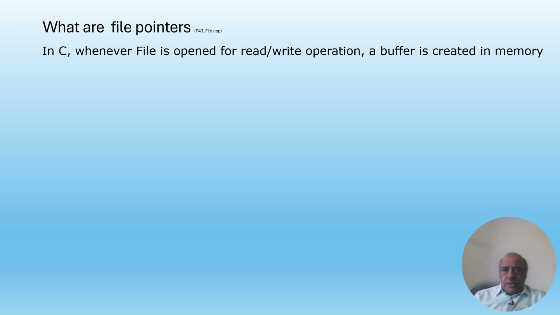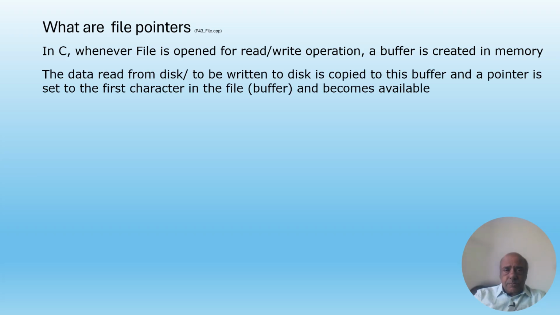Whenever a file is opened for read or write operation, a buffer, or a block of memory, is created in the memory of the PC which is accessible to the C program.